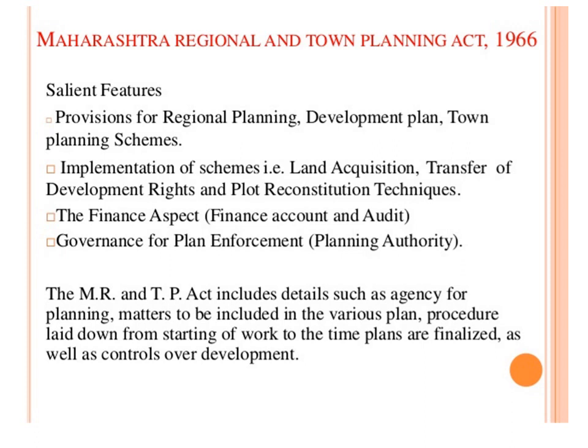Similarly, the financial aspect, governance for plan enforcement, that is by the planning authority. Similarly, the MRTP Act includes details such as agency for planning, matters to be included in the various plans, procedure laid down from starting of work to the time plans are finalized, as well as control over the development.